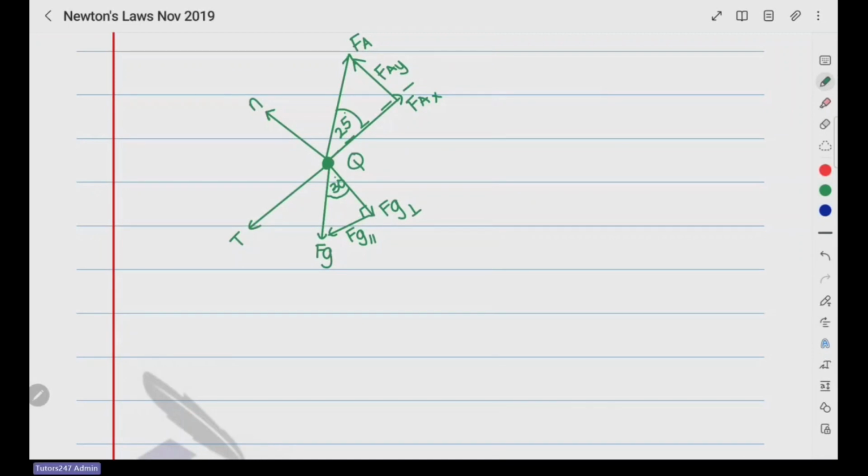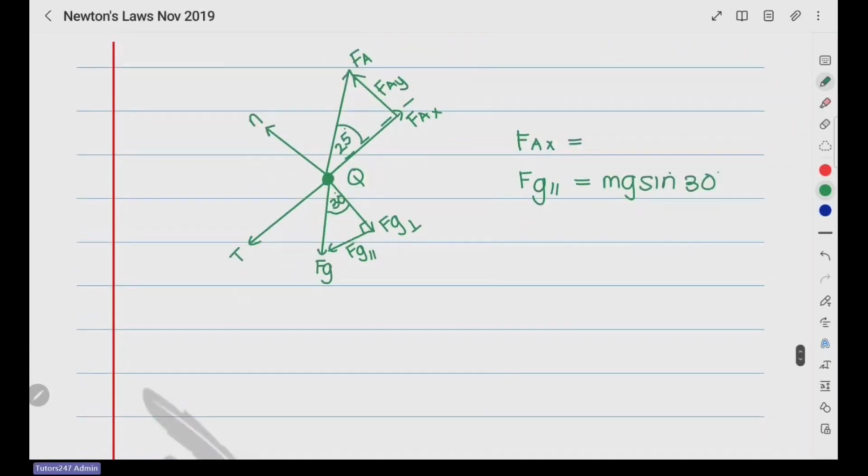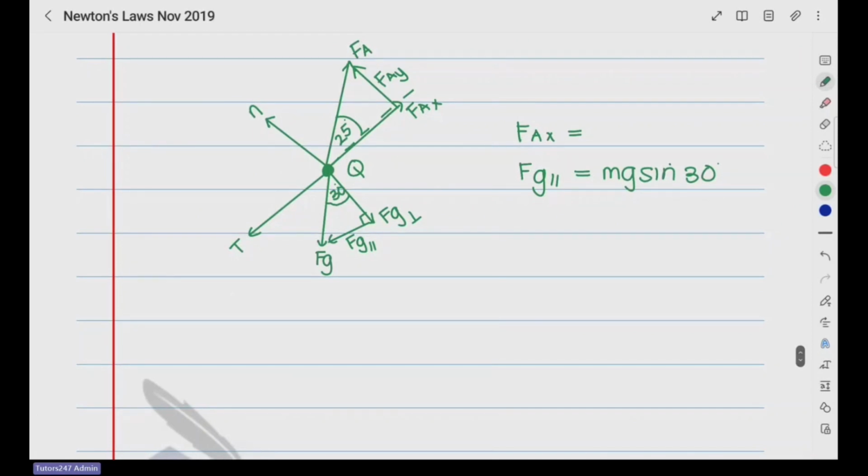Now let us find FAX and Fg parallel. So let's start with Fg parallel, since that's something we're used to getting. How would we find Fg parallel? Fg parallel would be mg sine theta. That is correct. And remember, this applied force is 40 newtons, right? So what would FAX be?